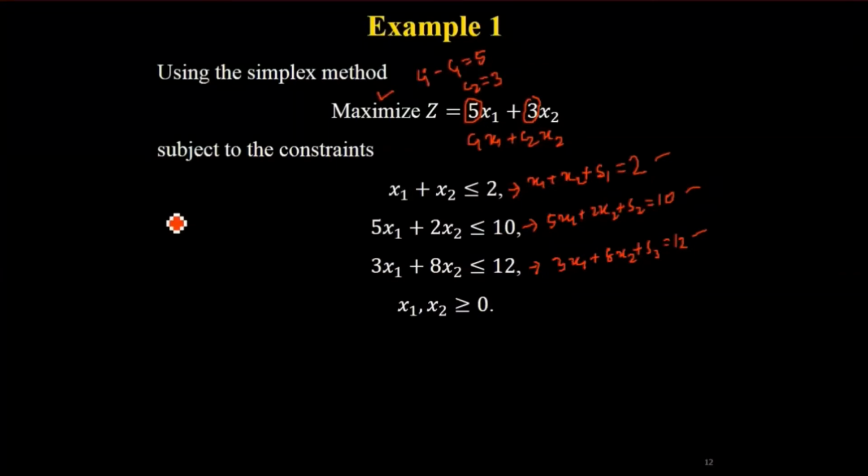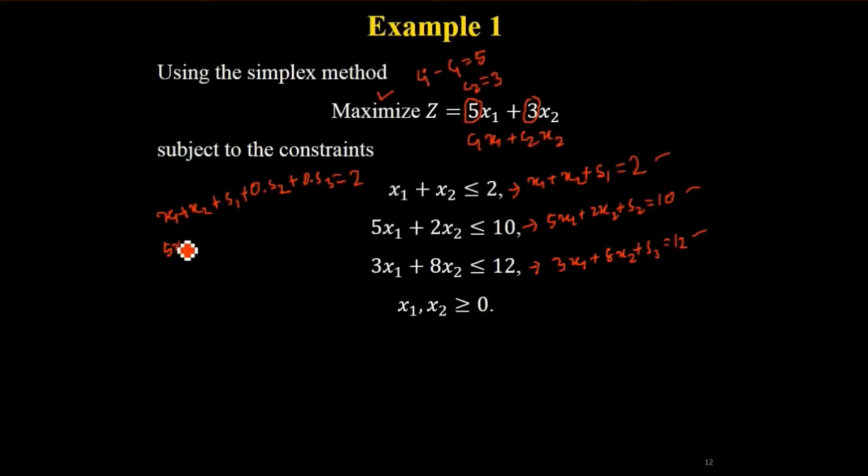Now we can write the first equation as x1 + x2 + 1 into s1, that is s1, plus 0 into s2, because s2's contribution is 0, plus 0 into s3 = 2.